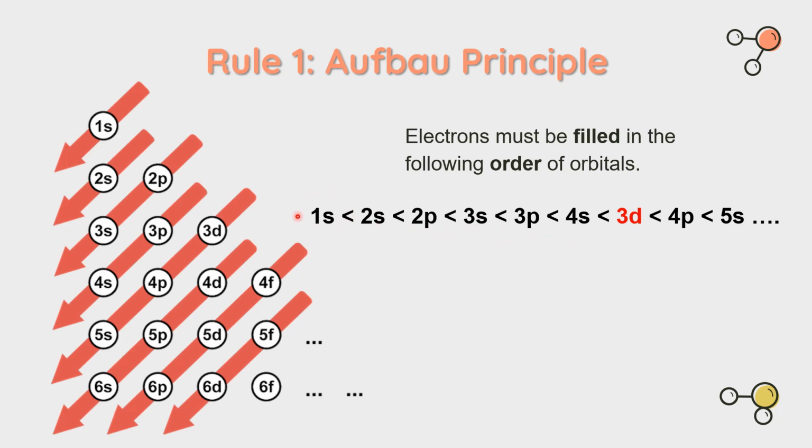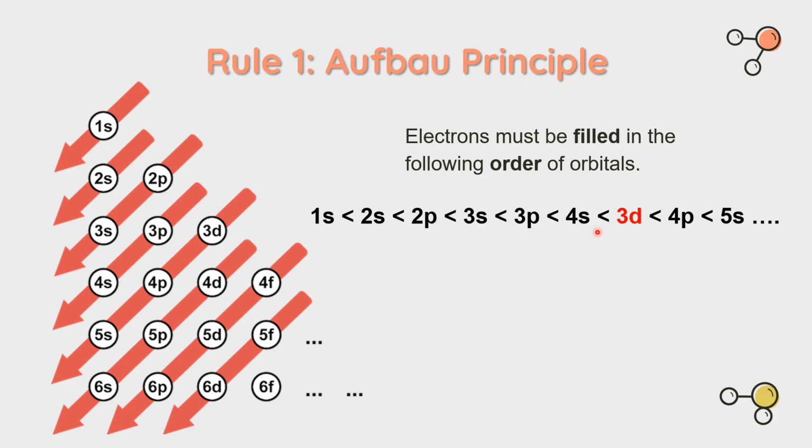We have 1s as the lowest energy level orbital, followed by 2s, 2p, 3s, 3p, 4s, 3d, 4p, and 5s. From this arrangement on the left, we can see that since 1s is located at the first energy level, its energy will be lower than the one located at the second energy level.